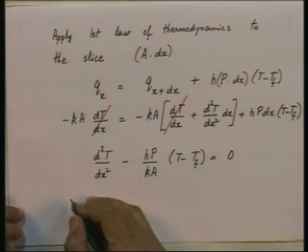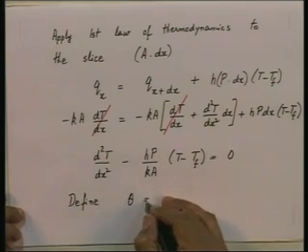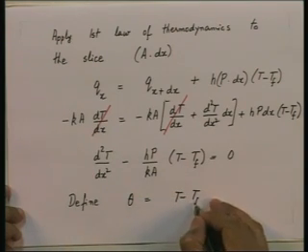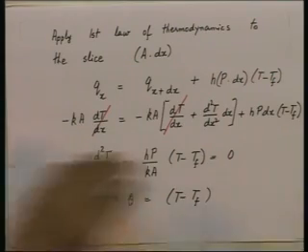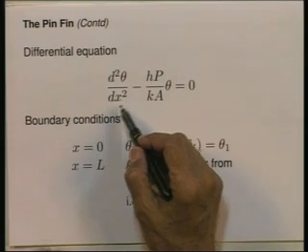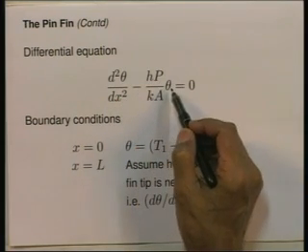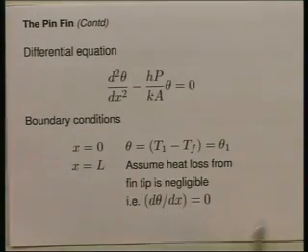As usual, I will again define theta as being the excess temperature above the ambient temperature, theta equal to T minus Tf. If we do that, we get the differential equation in terms of theta as d2 theta/dx squared minus hP by kA theta equal to 0. That is our differential equation. It is a second order linear differential equation, very simple to solve.